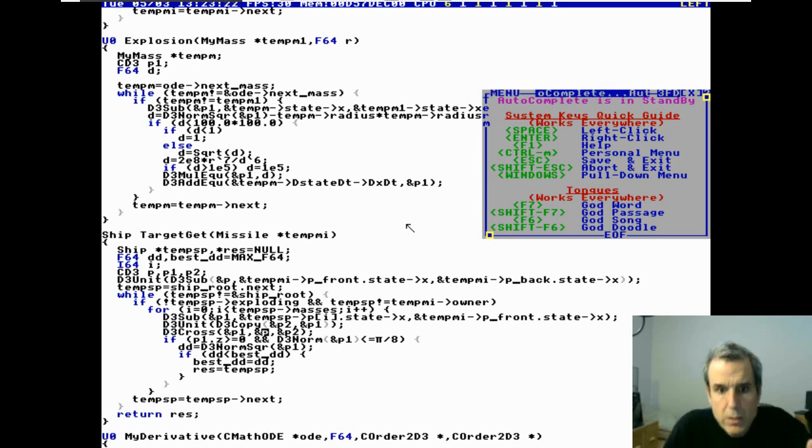We do one. It's one sine of the angle, isn't it? Sine of the angle.